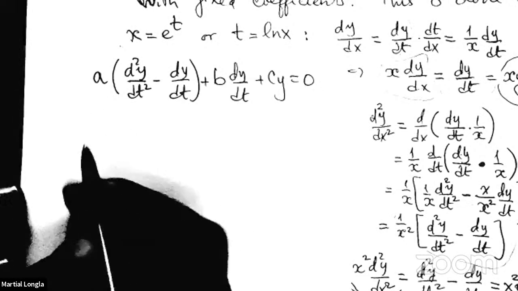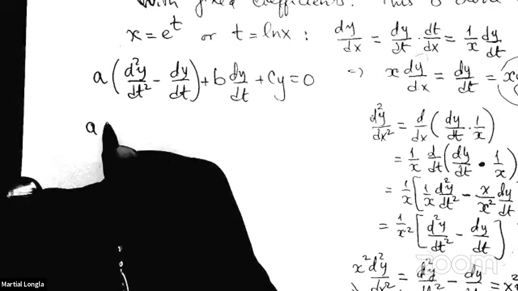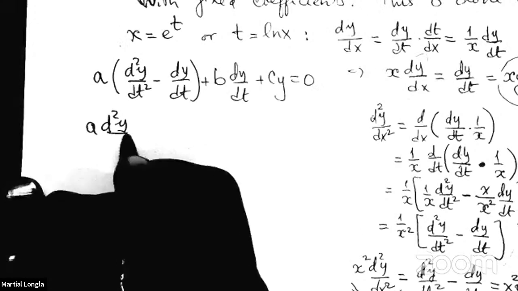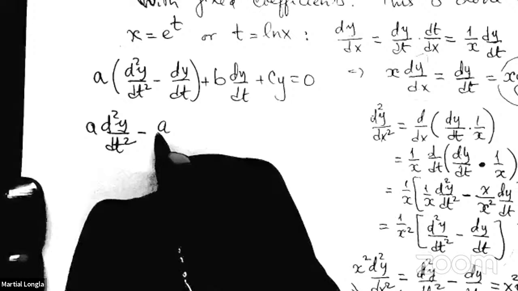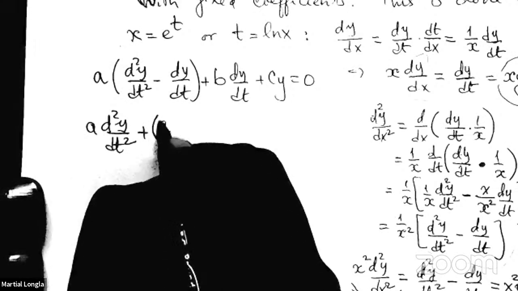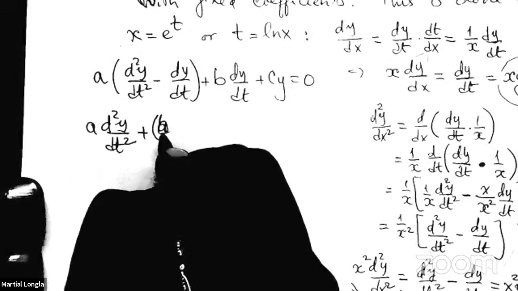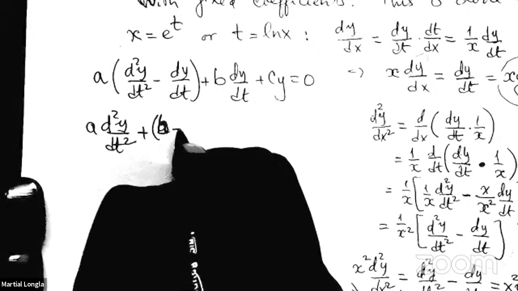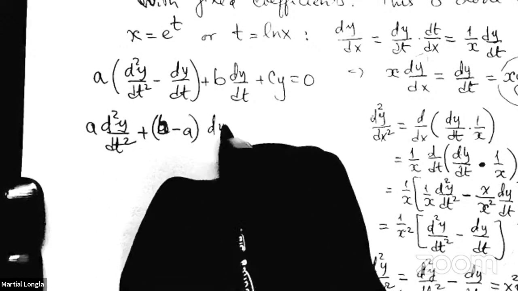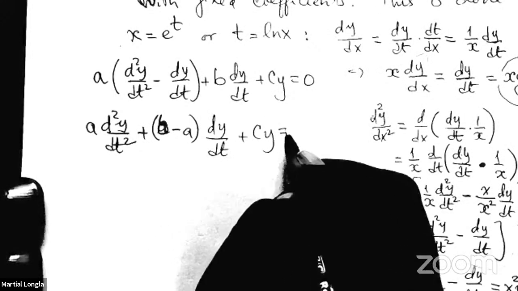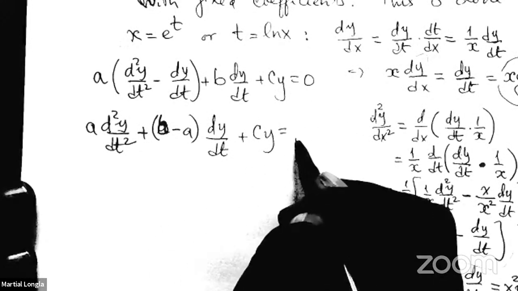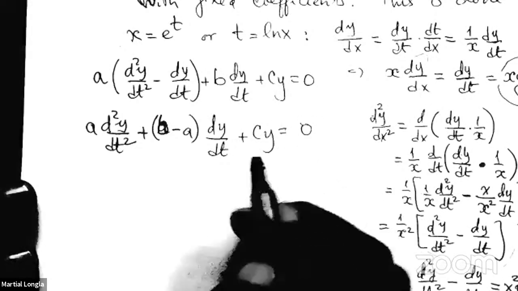Notice that this is a d2y over dt squared plus (b minus a) dy over dt plus cy equals 0.